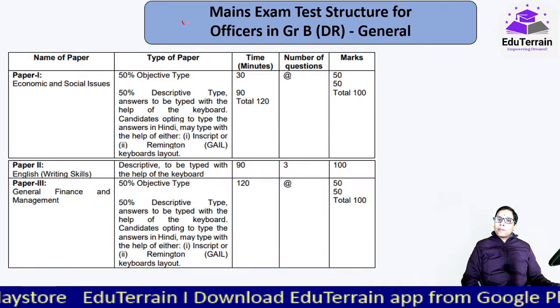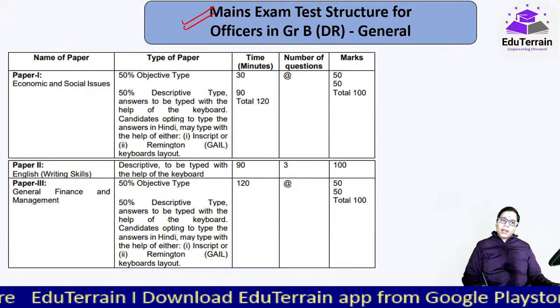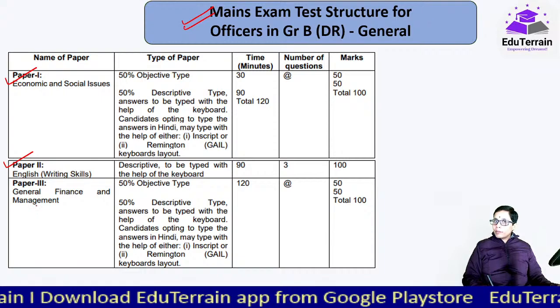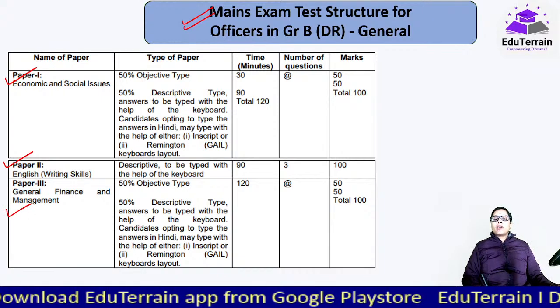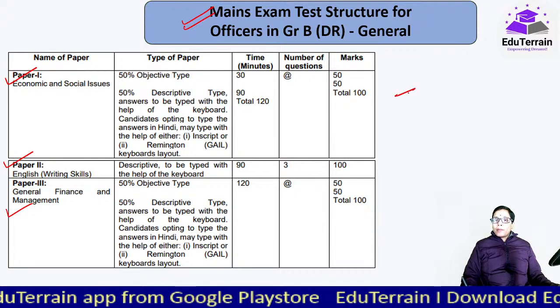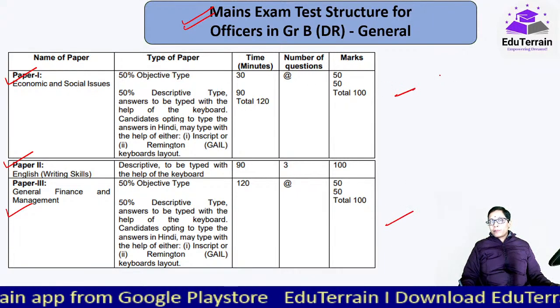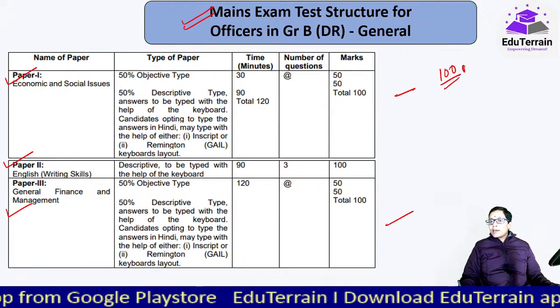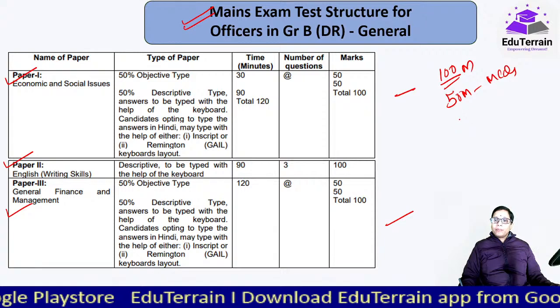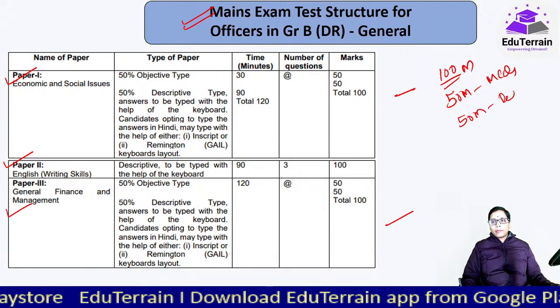Now when we look at the mains exam structure, as I've said, there are 3 papers: paper 1 ESI, paper 2 descriptive English, paper 3 general finance and management. Paper 1 and paper 3 are of 100 marks each, of which 50 marks are for MCQs and 50 marks for the descriptive part.